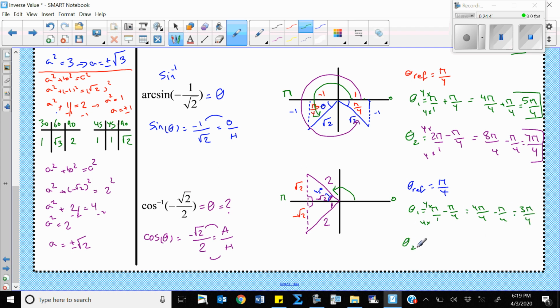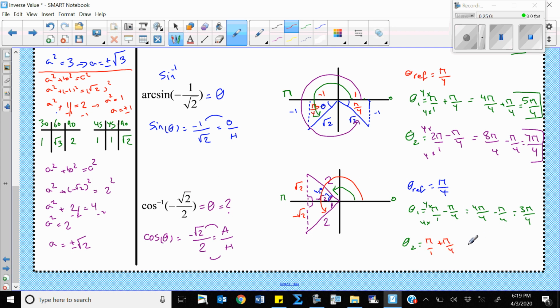And then theta 2 is the angle which goes from here, let me use the red color, and ends at this point. So what is this one? This is pi plus pi over 4, because this is also pi over 4. So it's pi plus pi over 4.